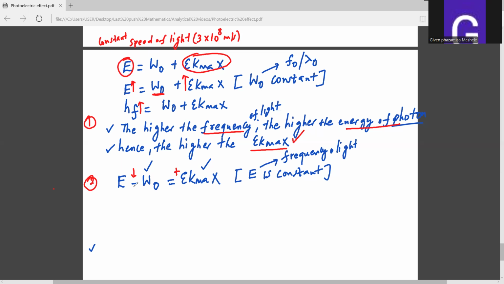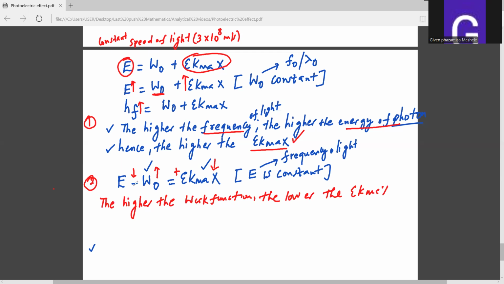Because of the minus, it shows that the higher the work function, the lower the EK max.